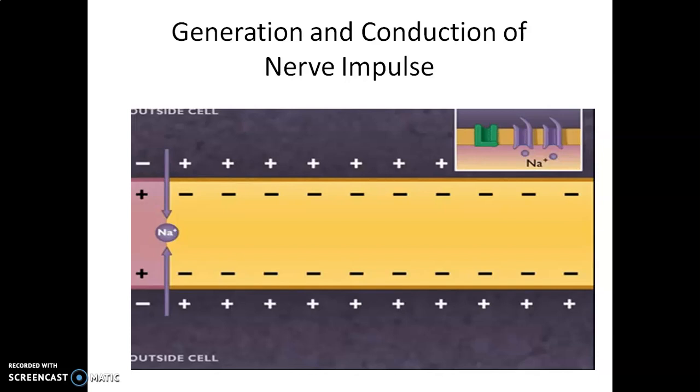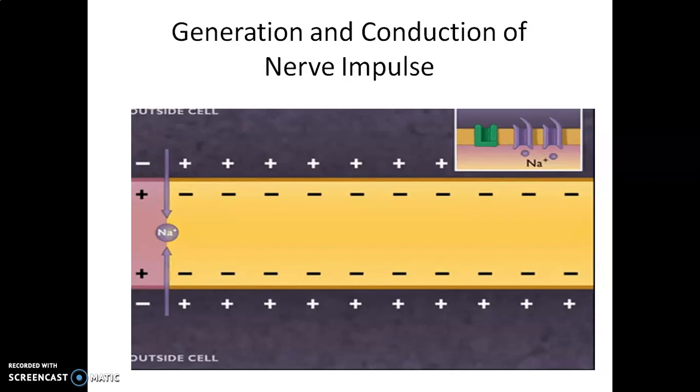Consequently, the axoplasm inside the axon contains a high concentration of potassium ions and negatively charged proteins and a low concentration of sodium ions. In contrast, the fluid outside the axon contains a low concentration of K+ ions and a high concentration of sodium, and thus forms a concentration gradient.